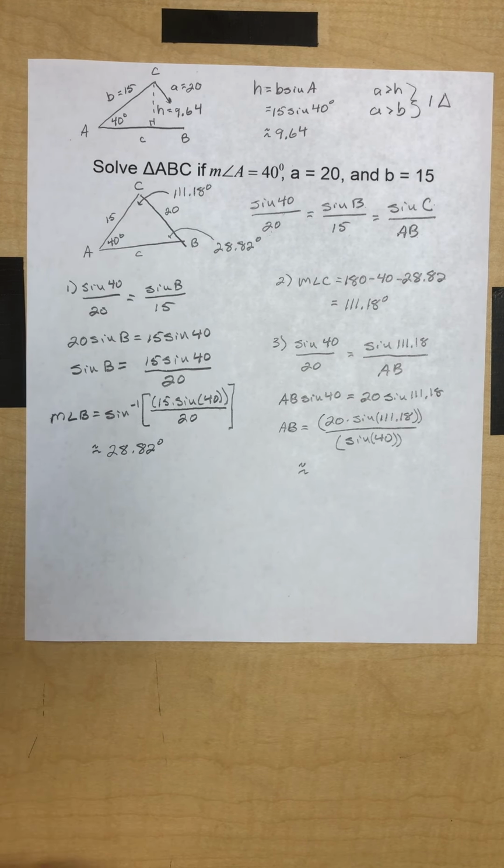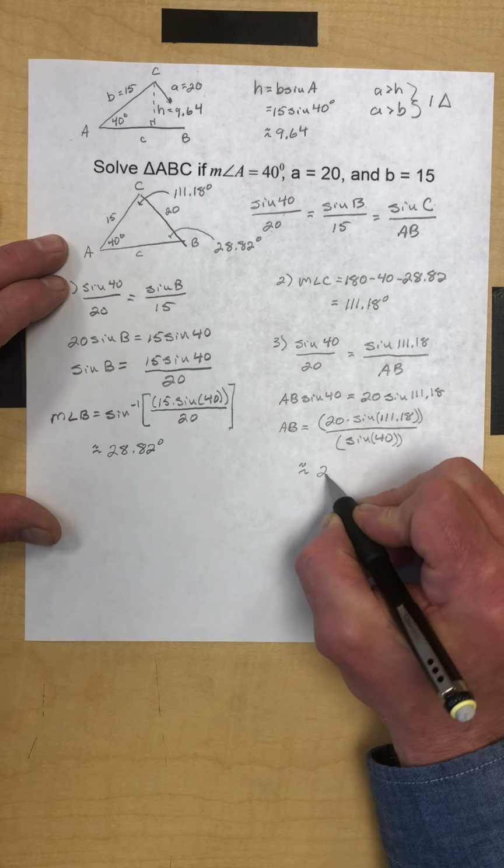So I have parenthesis 20 times the sine of 111.18, second parenthesis for the angle measure, second parenthesis for the numerator, divided by parenthesis for the denominator, sine of 40, second parenthesis for the 40 degrees, and second parenthesis for the denominator, and hit enter.